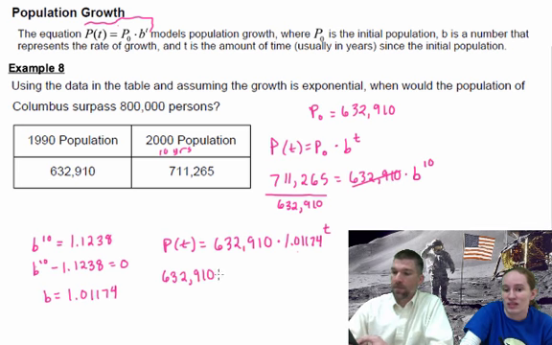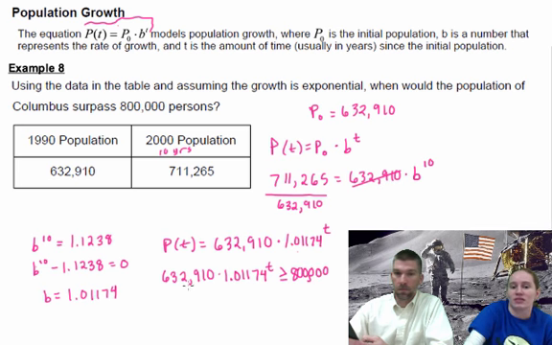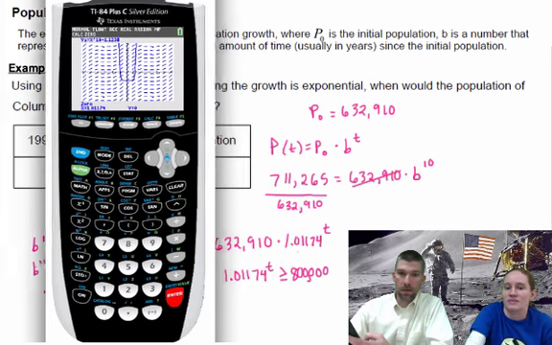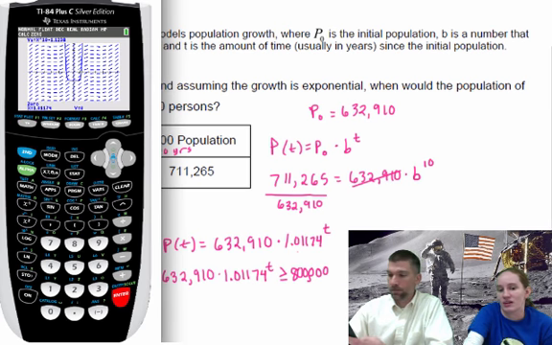Right. We're trying to say that this number right here has to be greater than or equal to 800,000. And so to do that, we can do the left side minus that side and find ourselves a nice... What do you call those? Intercept? Yeah. A nice x-intercept.